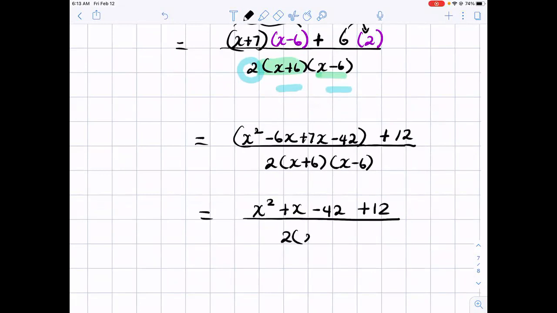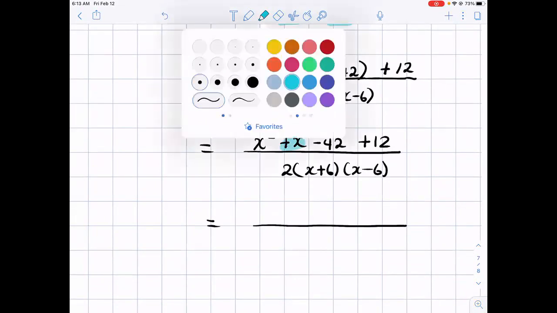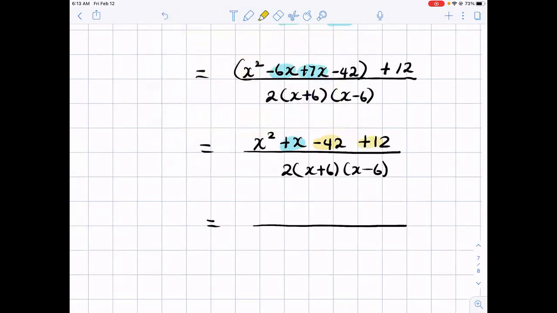The denominator always stays the same. And we do not multiply out the denominator because at the end, if there's any simplification, it's already in factored form. So notice that I combine the like terms over here to get this, okay? But I also have like terms here.